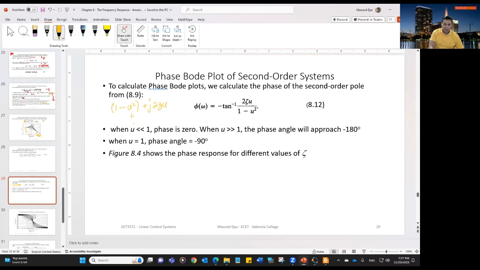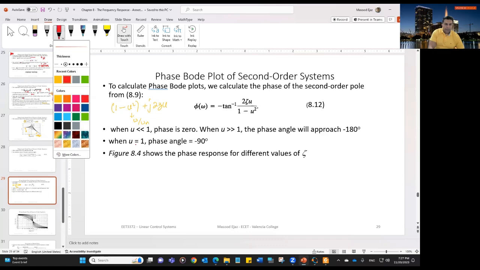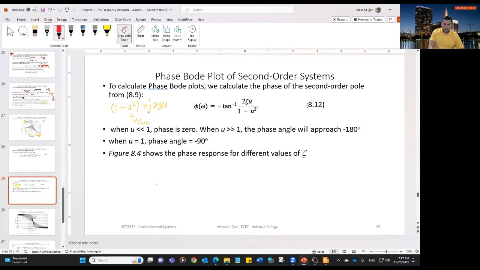And of course, u is omega over omega n. So if you calculate the phase of this, that's going to be y, and that's going to be x. So tangent inverse of y, 2 zeta u, over x, 1 minus u squared.